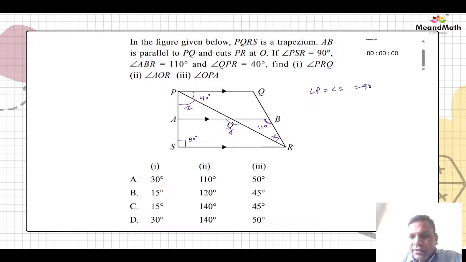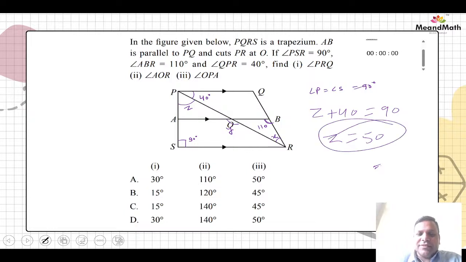Both are 90 degree. Okay. So Z plus 40 is equal to 90. Z is equal to 50. Z की वैल्यू क्या हो गई, 50.